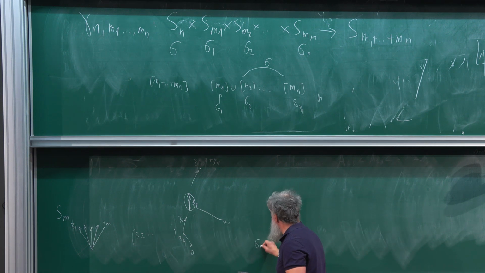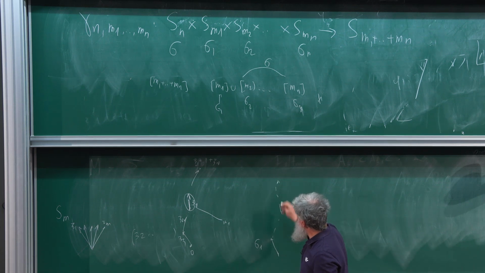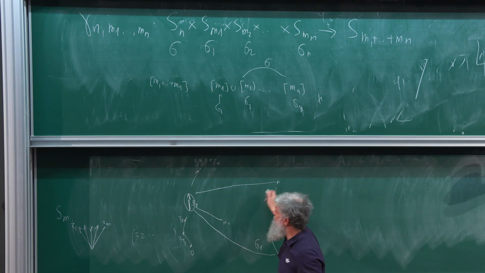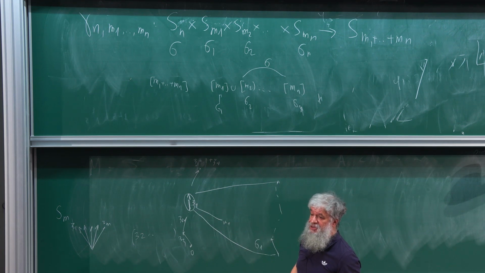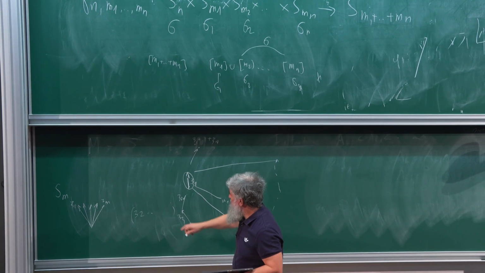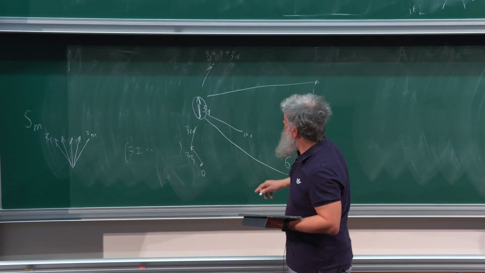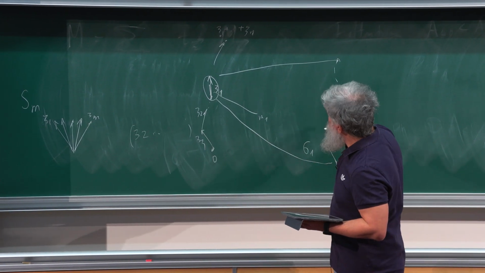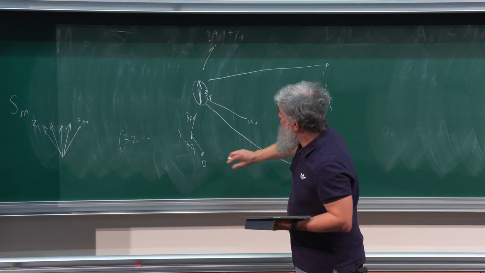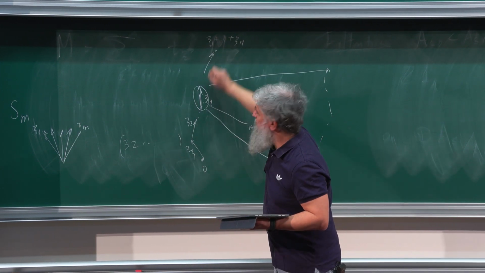For sigma 1 there is its own path, but we squeeze it and insert it here. And then we do the same for any other block. Therefore, if we have a set of permutations, we draw them as a set of paths, and then we insert paths following the orders, and we get a longer path from here to here.